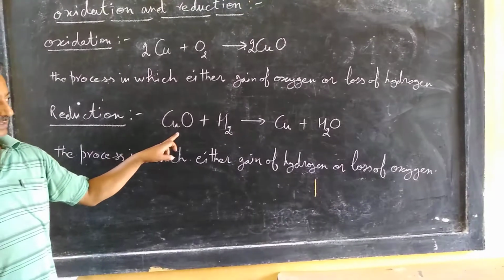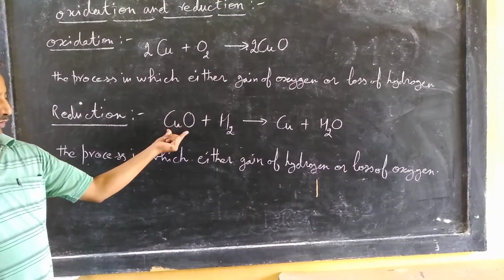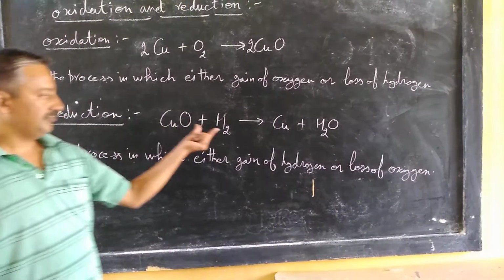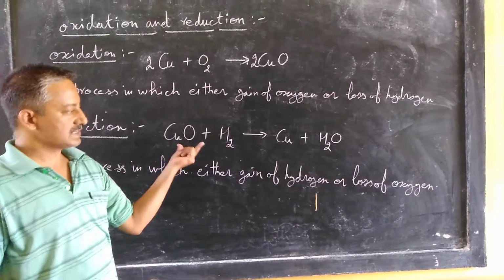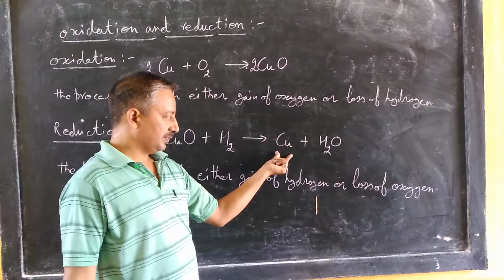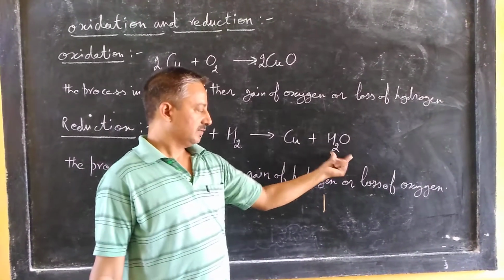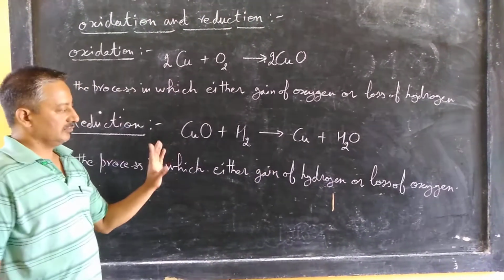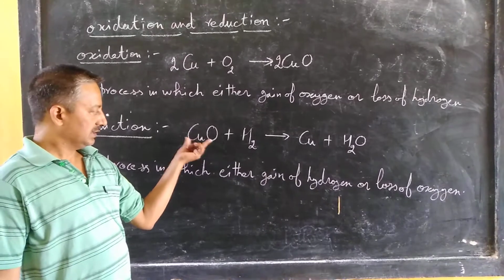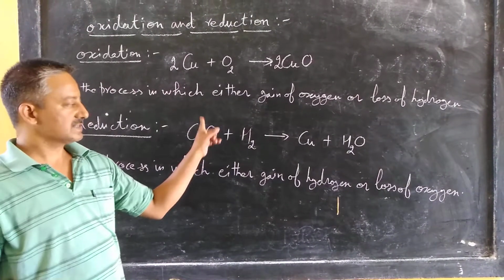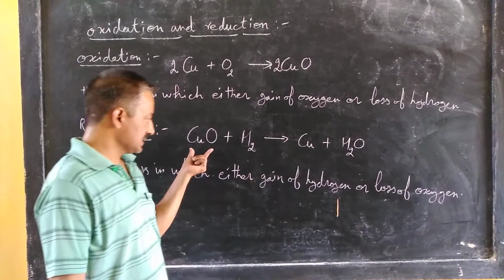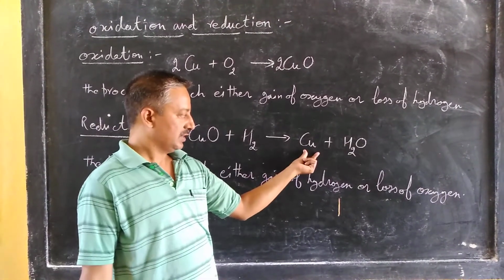Now, let us take this example. Cupric oxide, if we treat it with hydrogen gas, then it results in the formation of copper and water. Now see, if you check what has happened, from this compound, oxygen has gone out because this compound has converted into copper.